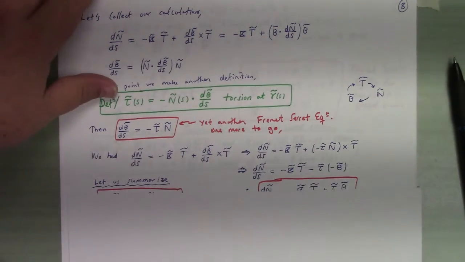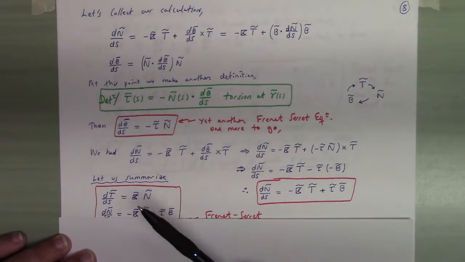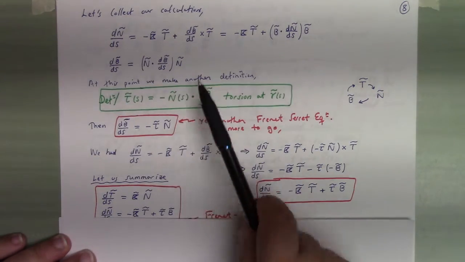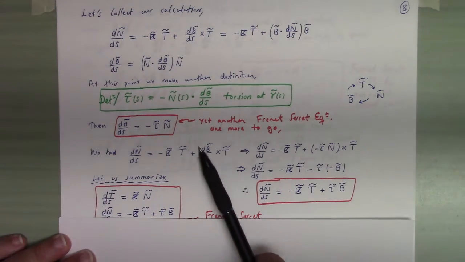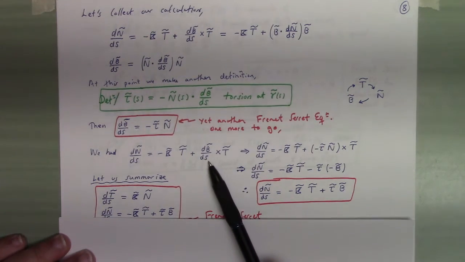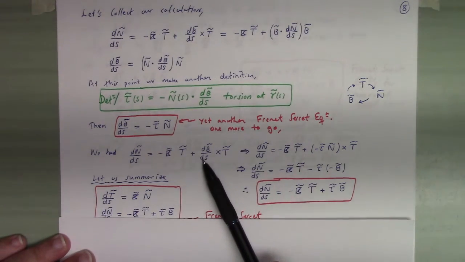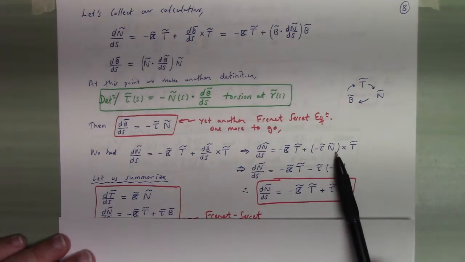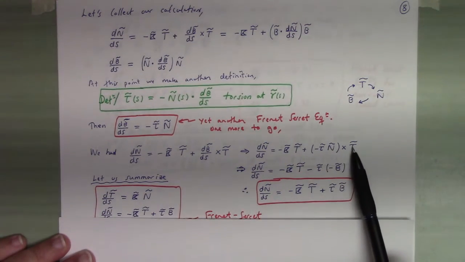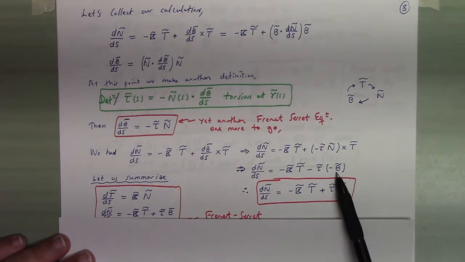One more to go. Here it is. Because we have this right here, n prime is b prime cross t plus b cross t prime, and we just said that b prime is minus tau n tilde. And then n cross t is actually minus b.